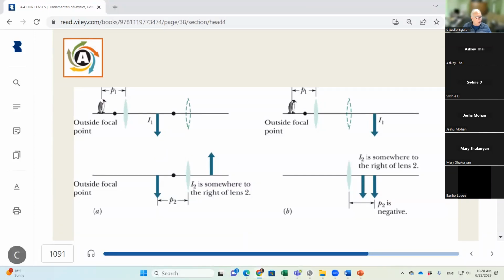We have an object and a lens, and then we have a second lens. If you have this object this way, it forms an upside down image, and this upside down image can be reinverted by the second lens. Now we have this upright image here. So you have to use a set of lenses.